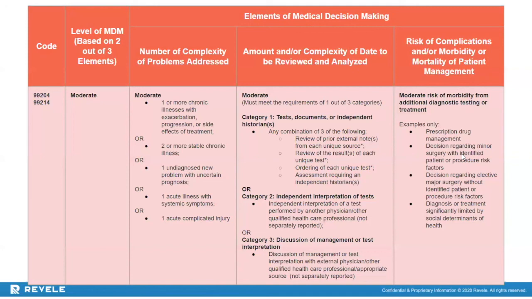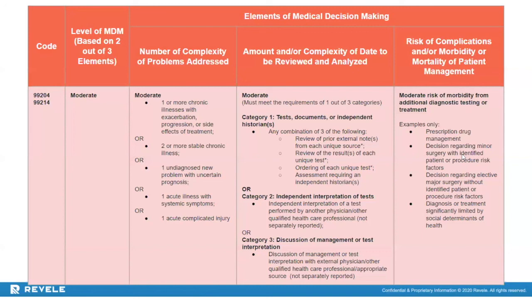This could be an independent interpretation of a test performed by another physician or other qualified healthcare professional, but it cannot be separately reported. And the last category would be category 3. This could be a discussion of management or test interpretation.